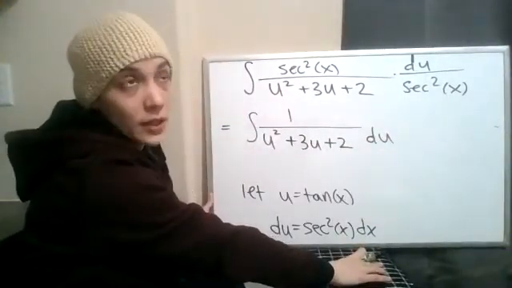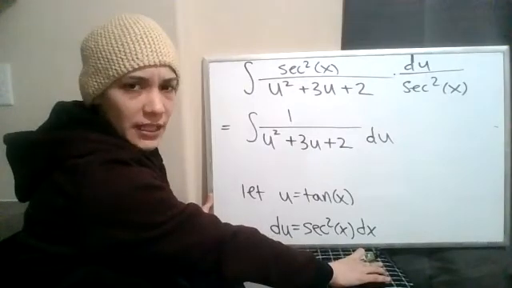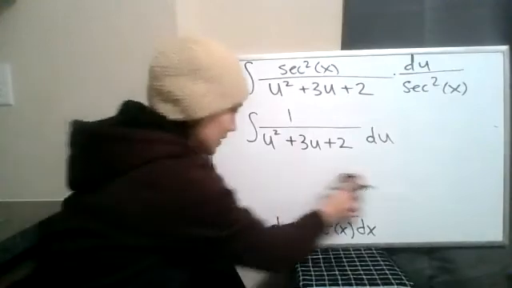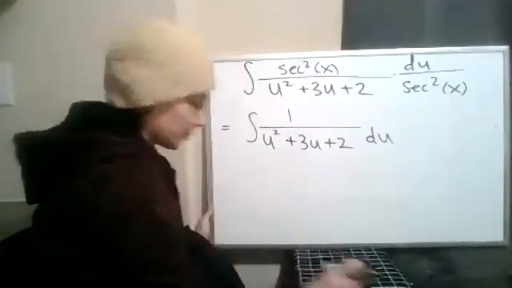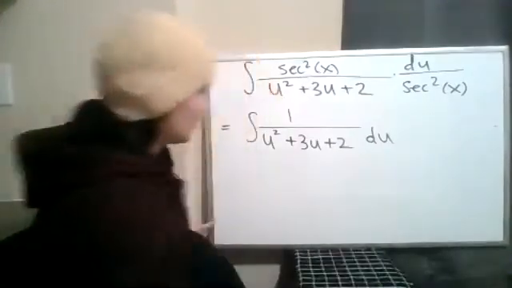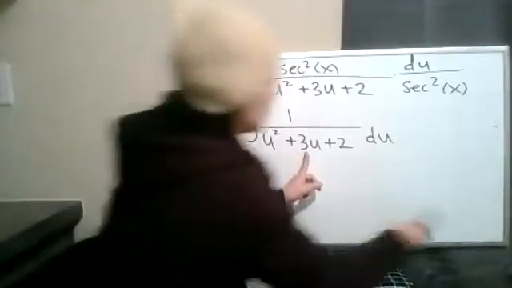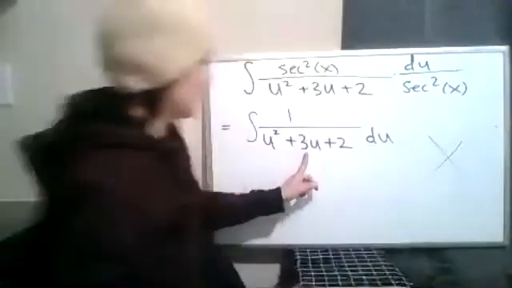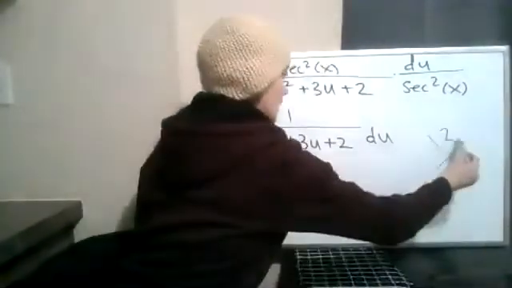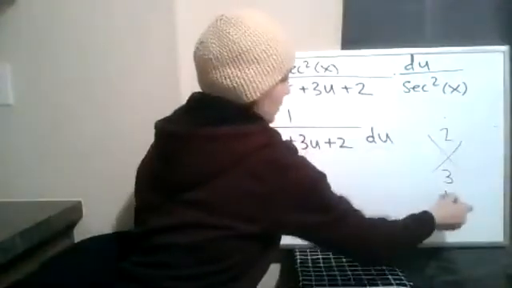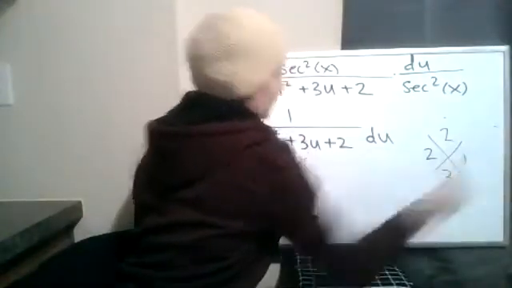Okay, here we want to do some factoring and partial fraction decomposition. To factor this, you need two numbers that multiply to 2 and add up to 3. It's probably 2 times 1.